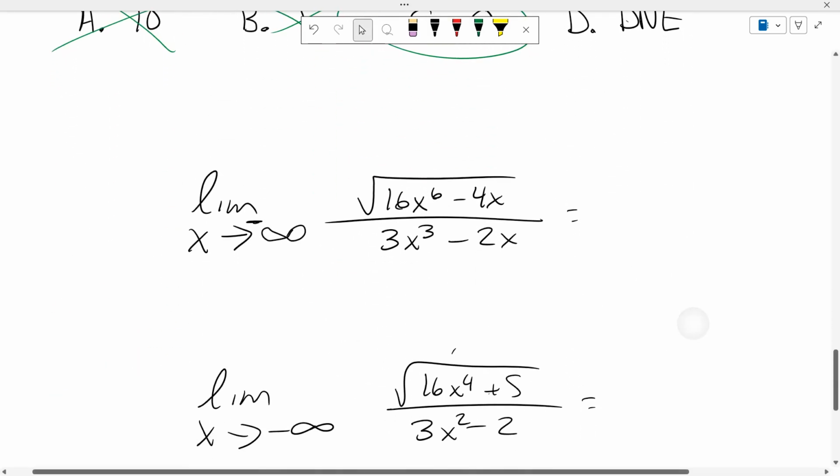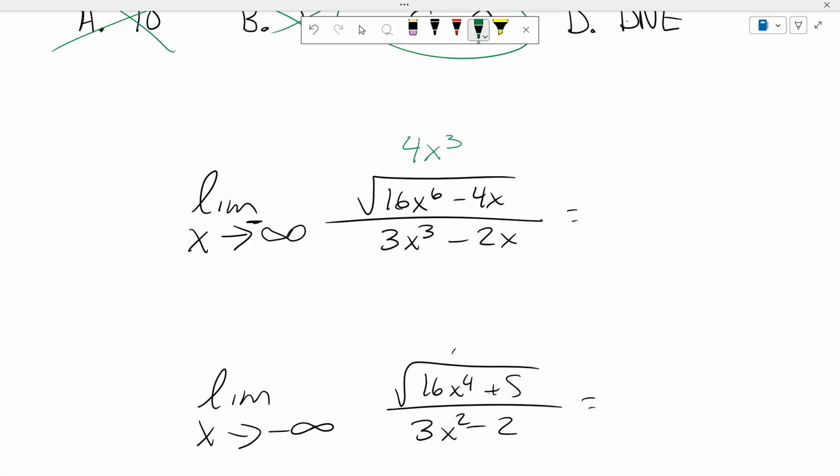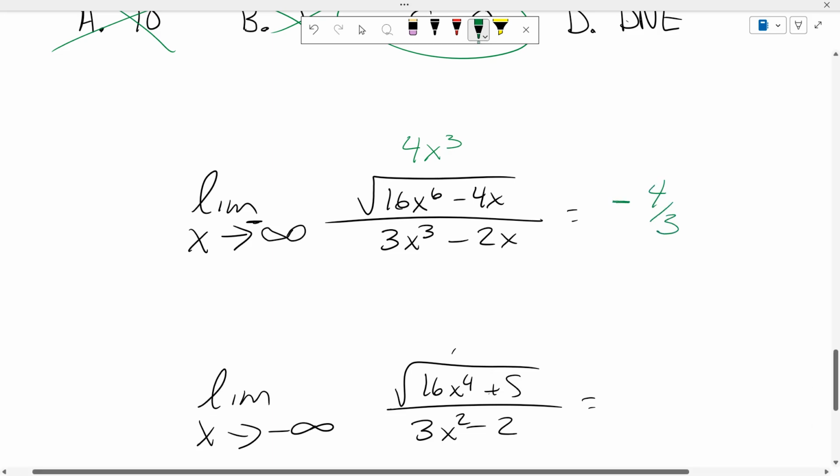Okay? All right. As you're going towards negative infinity here, the top would be 4x to the third. The bottom would be 3x to the third. But since you're going towards negative infinity and you have an odd power, it is negative 4/3.